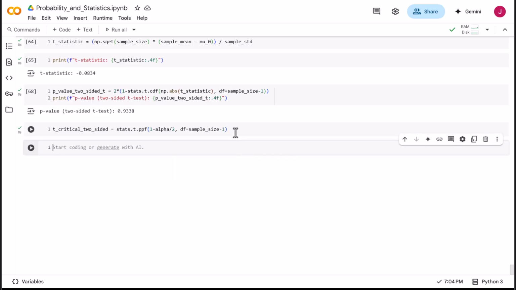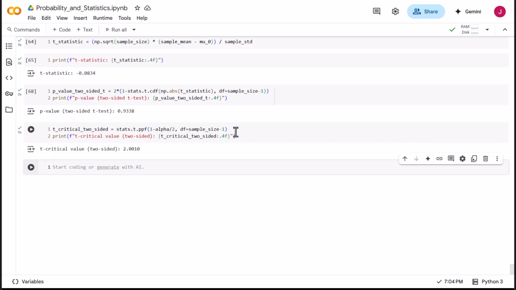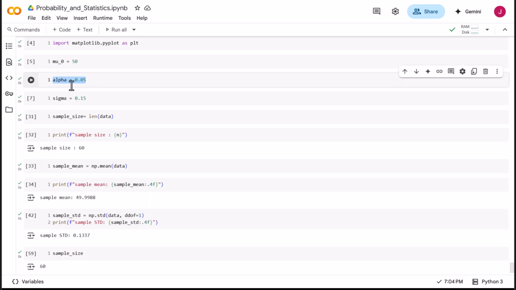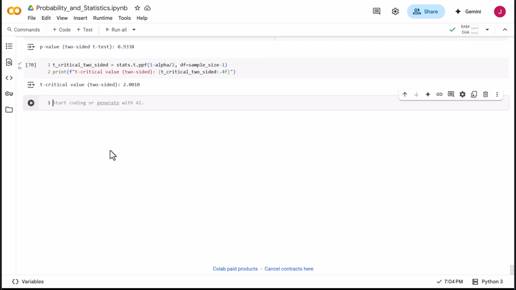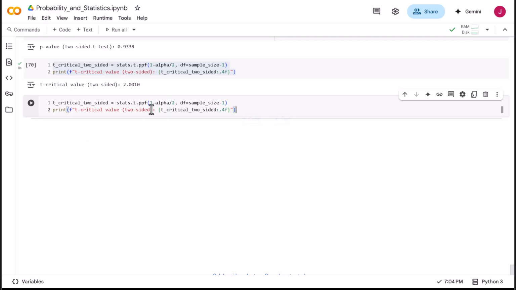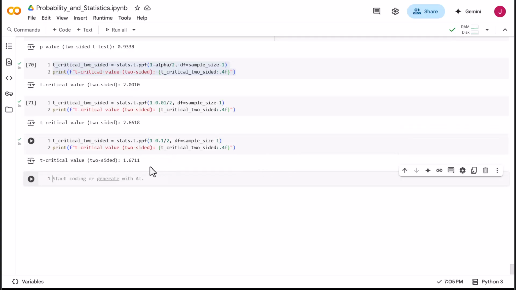Alpha here is considered as 0.05, for 95%. If you want to go for 99%, then alpha should be 0.01. So it will be 2.66. And if I change alpha to 0.1, then I get 1.67.